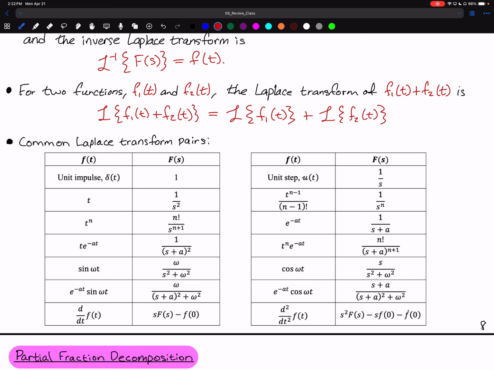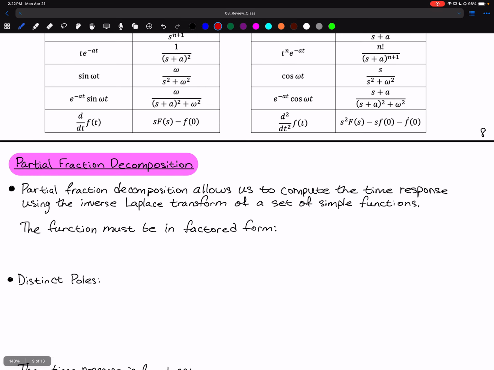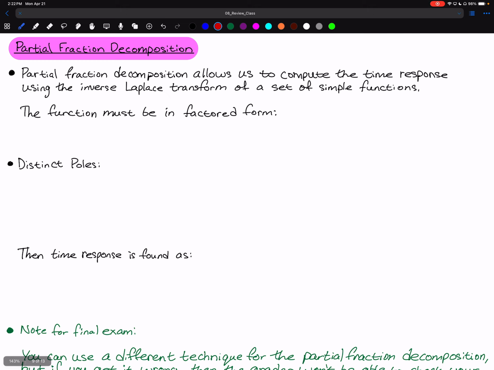All right, we're going to move on to partial fraction decomposition. Partial fraction decomposition allows us to compute the time response of some complicated Laplace transform using the inverse Laplace transform of a set of simpler functions.